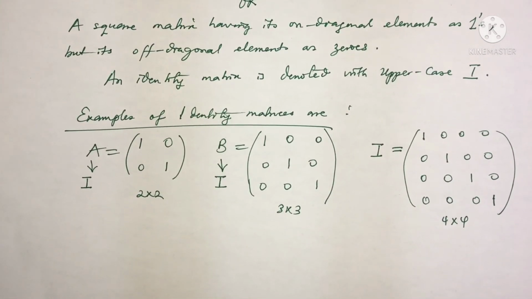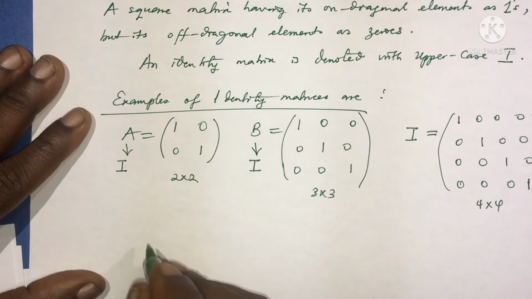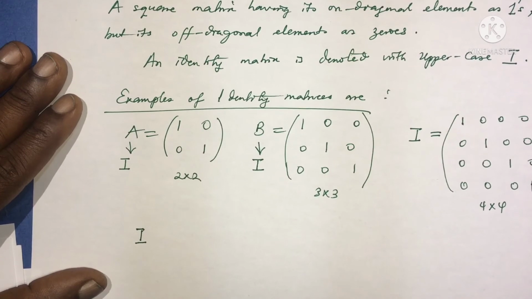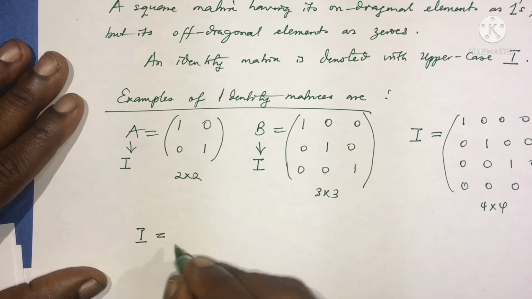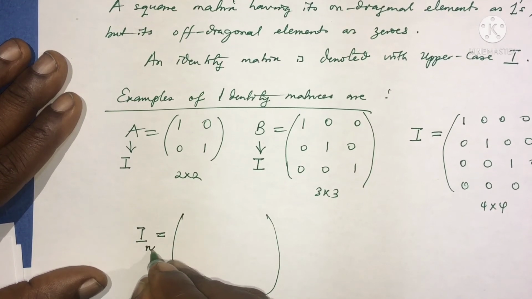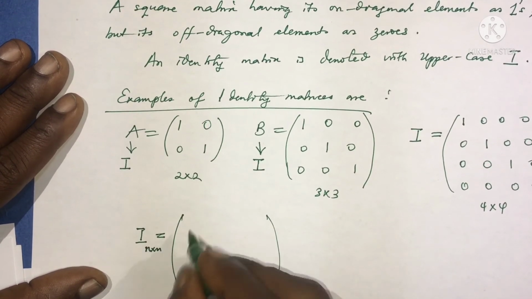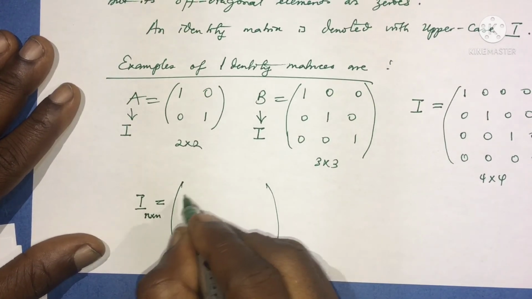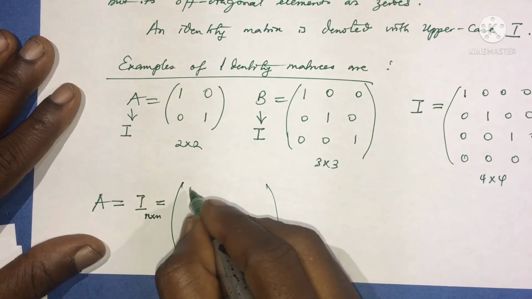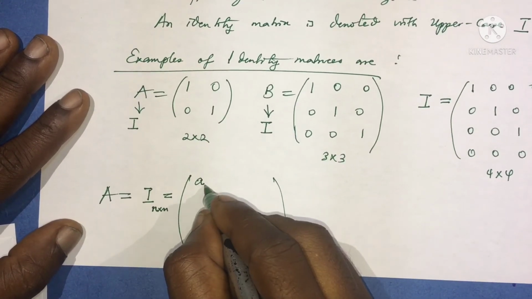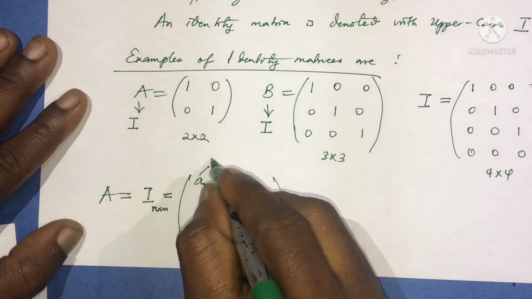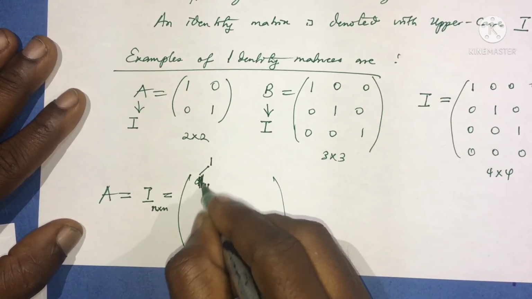Okay, so in a general expanded notation, if I was to represent an n by n identity matrix, let's say a matrix A is an identity matrix, I could write this to be a11, of course this is 1.